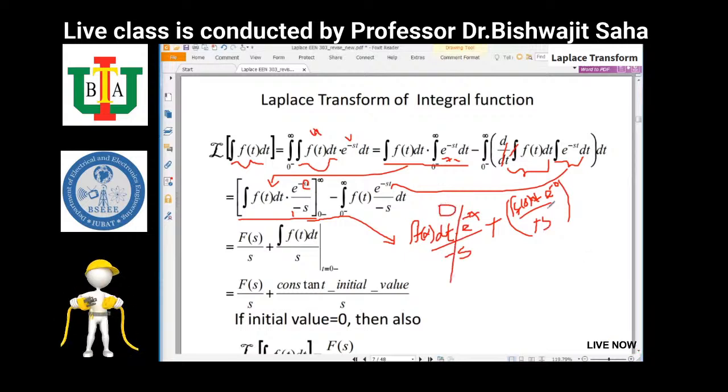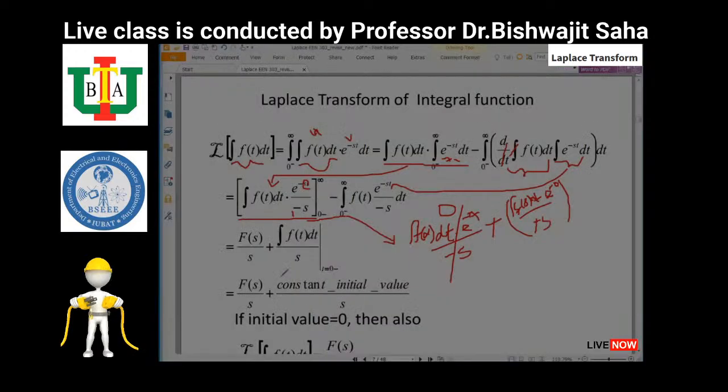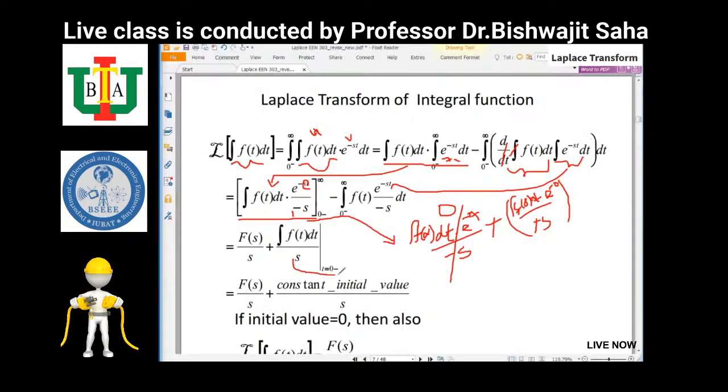And this term becomes plus f of s divided by integration f of t dt by s. This second part comes from here, because e to the power 0 means 1, right? Integration f of t, here t is kept constant because here you can see the limit t equals 0 minus.